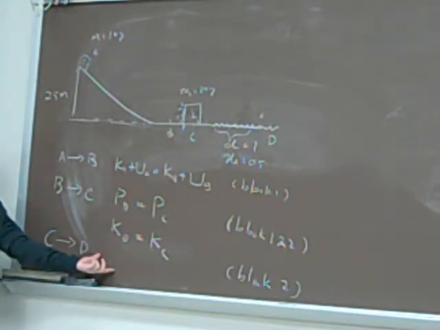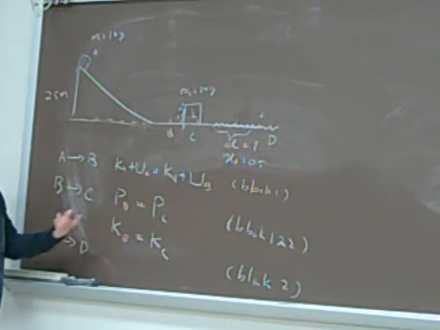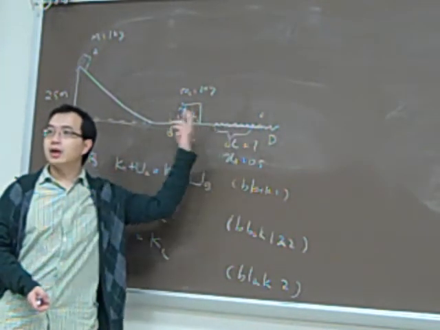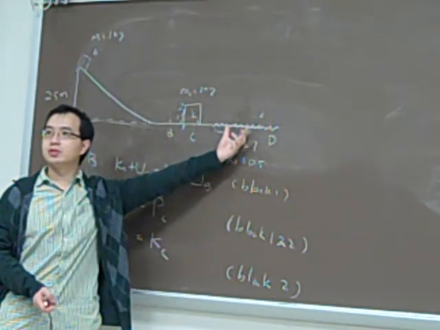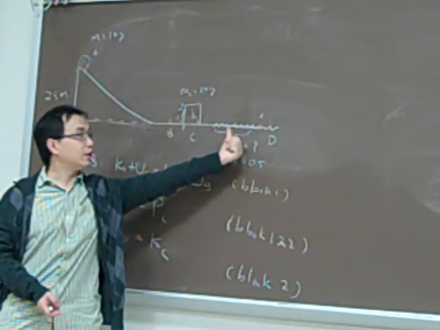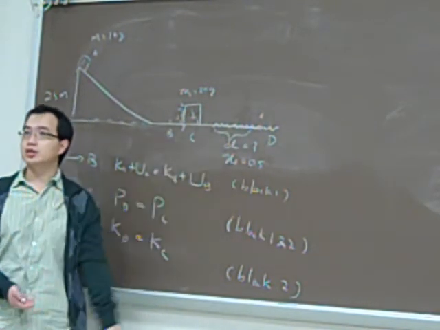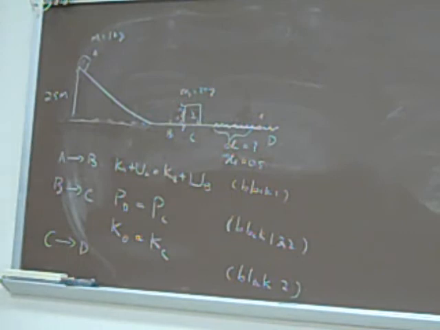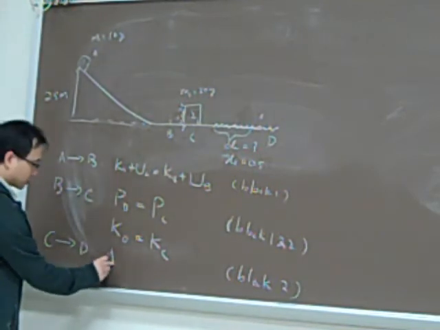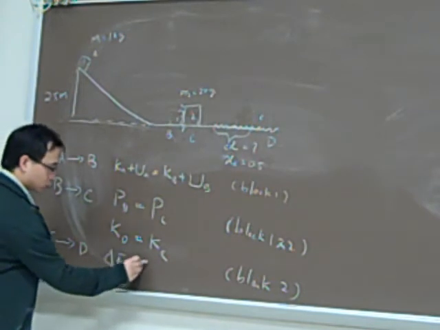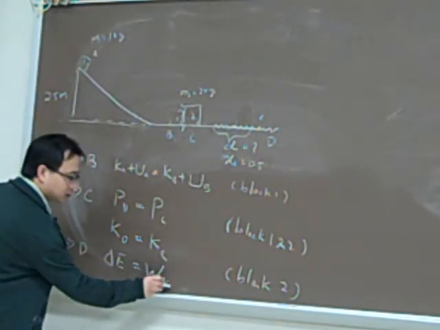The mechanical energy changes, so it's finally stopped. And you have frictional force, so that suggests the work done by a non-conservative force. We call it total energy conservation. So delta E equals W non-conservative.